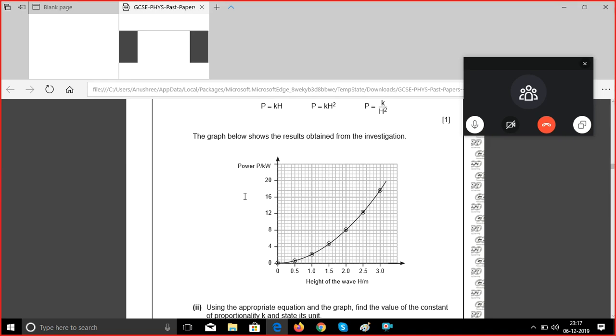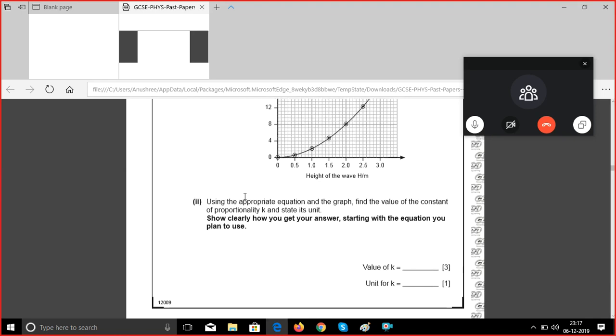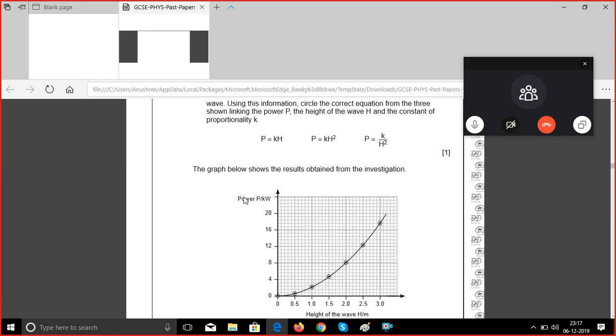And the value and the unit for k: you have to make k the subject.